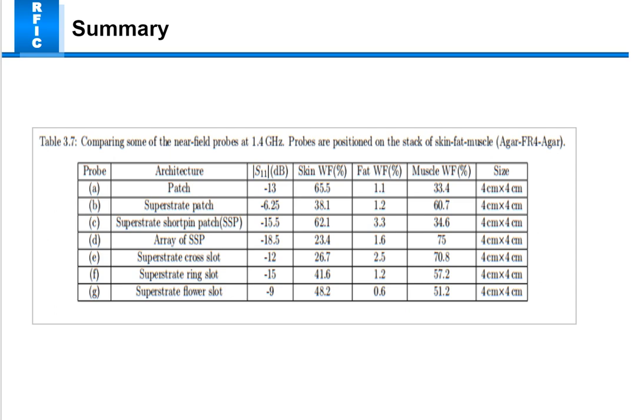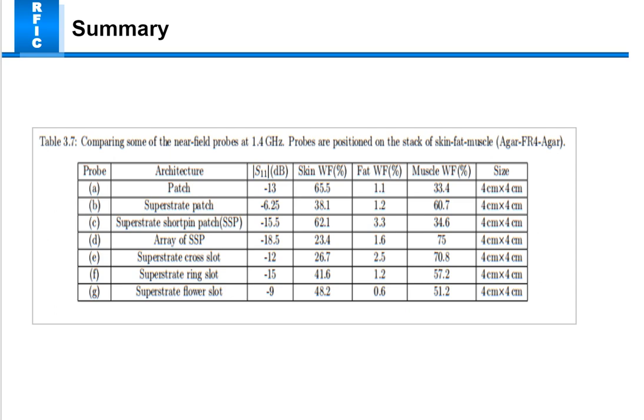Then there was a circular patch as an RFI shield planar design, and a superstrate is then added to improve the performance. And finally, shorting pin inductive loading is added to reduce the size of the patch.